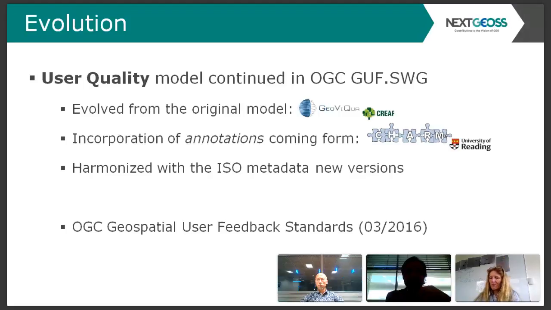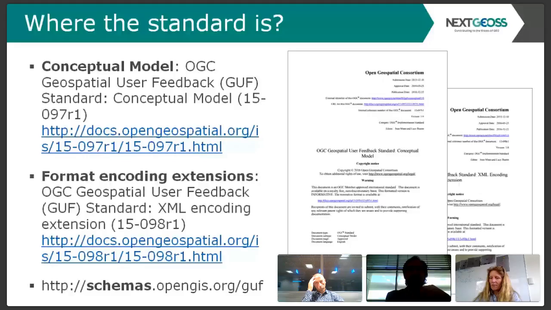And the result was the Geospatial User Feedback Standards, released in 2016. There are two independent documents. One is the conceptual model, so which concepts, some of them I already explained to you, are involved in the user feedback, and the other is how to encode this into an XML file that resembles a boring ISO metadata document.